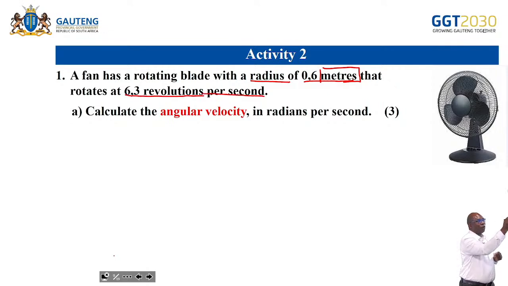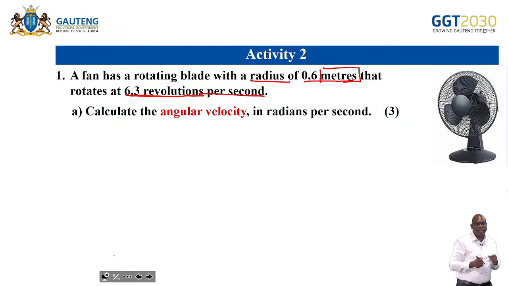You see, this is revolutions per second. So it is given per second, no problem with that, because I need to find out what the question needs. Remember we said the velocity will be calculated in seconds. So we say it rotates at 6.3 revolutions per second.